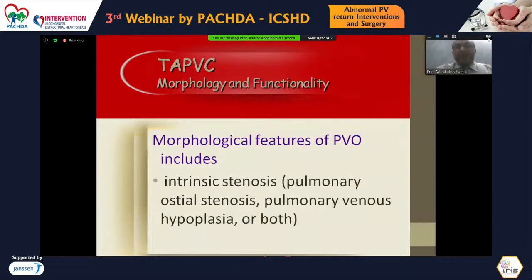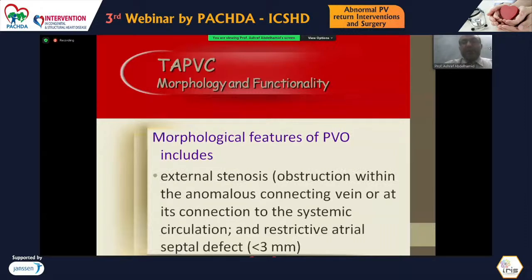The morphologic features of these obstructions are either intrinsic stenosis, into pulmonary ostial stenosis or pulmonary venous hypoplasia or both, or extrinsic stenosis, into obstruction within the anomalous connecting vein or its connection to the systemic circulation, or a restrictive atrial septal defect.